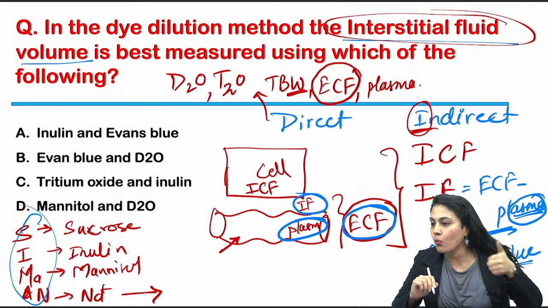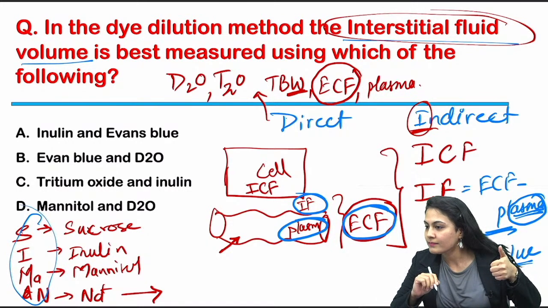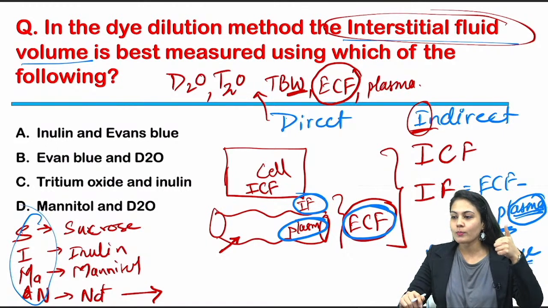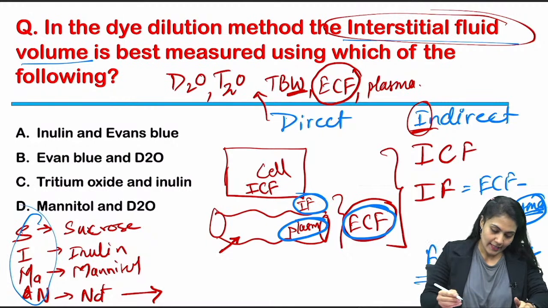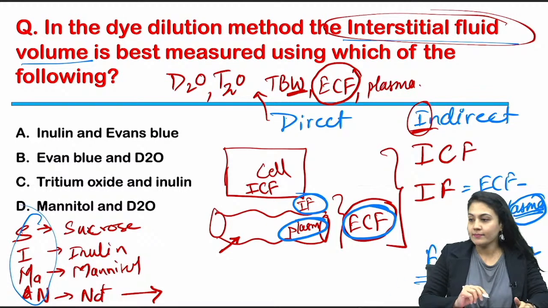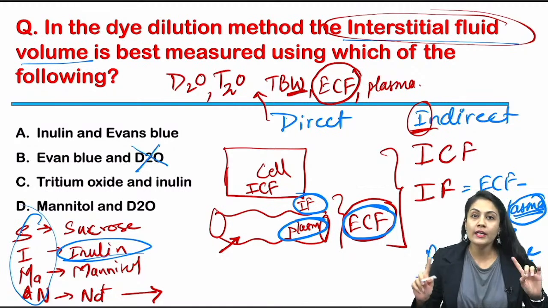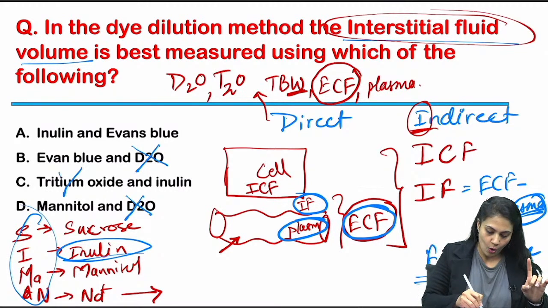Now tell me what is going to be the answer. Yes, please. I need two things, one from SIMON. Look over here in option B, D2O. We do not need D2O or T2O.